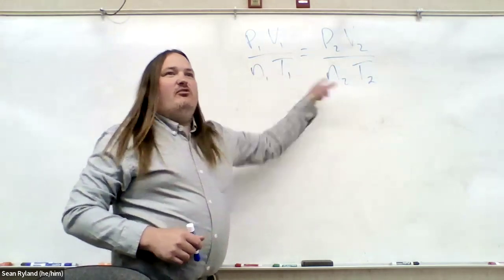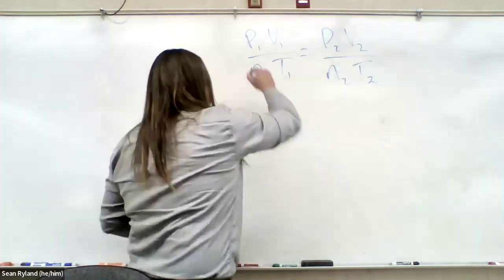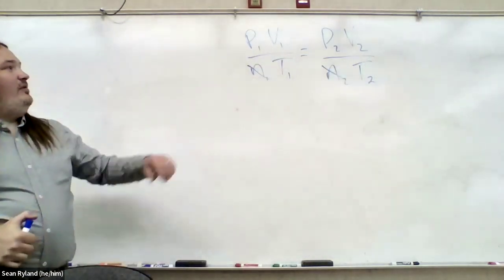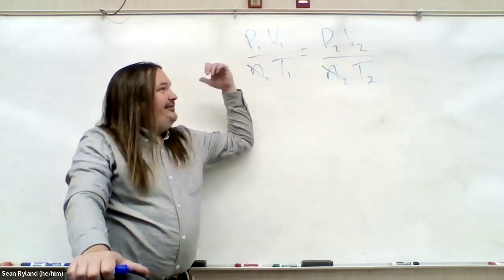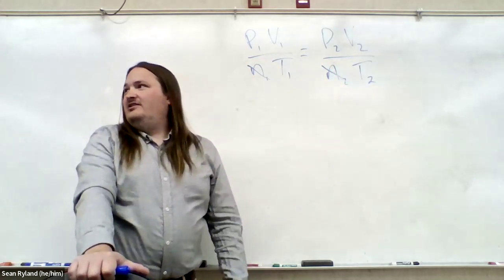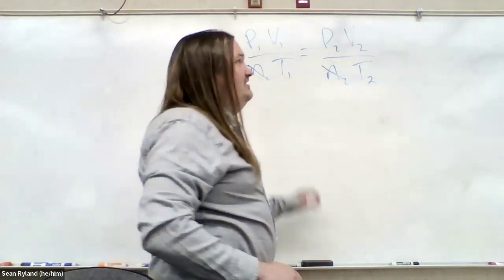If N is the same before and after, we can cross it off. It's going to cancel out. So we have 3 variables before, 3 variables afterwards. Like I've said before, though, I have to give you a whole bunch of information to be able to do this, right? So it's all about recognizing what goes where and getting the right units.